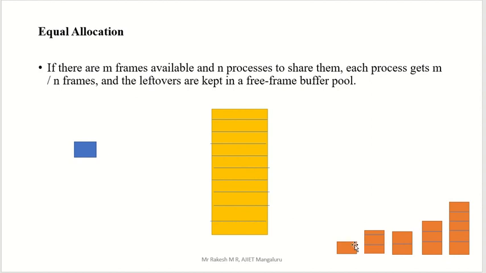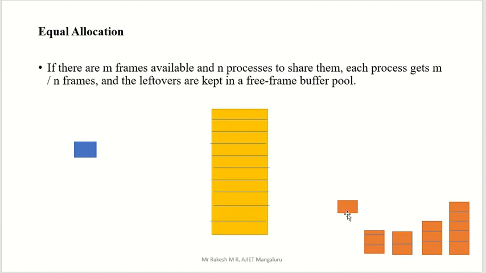Then we see first here, P1 is the first process. Now how many pages are there? There is no division, that means only one page is there. How much space does it take? That means 2 frames it takes, right? By using equal allocation, they gave 2 frames for one process.